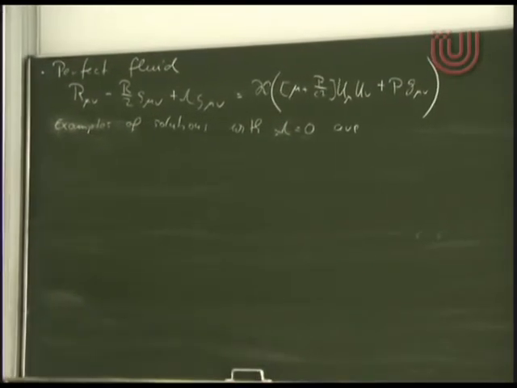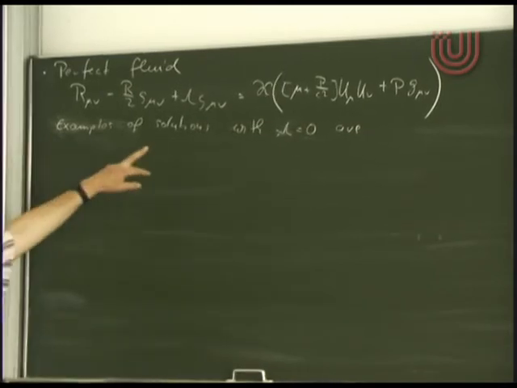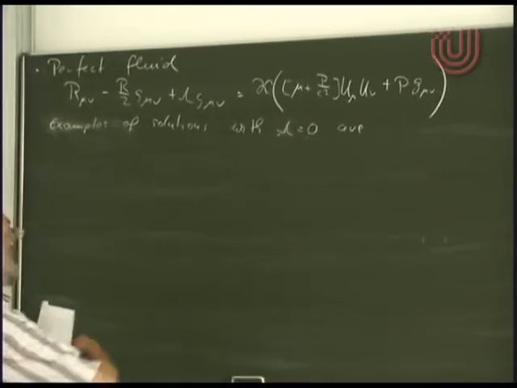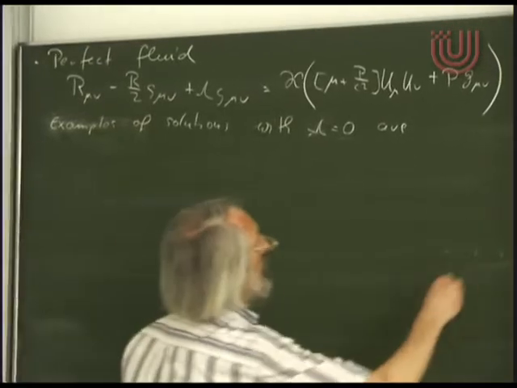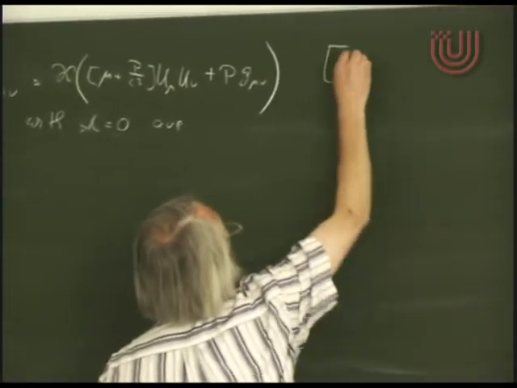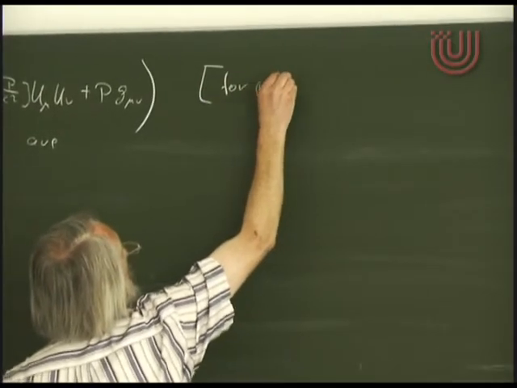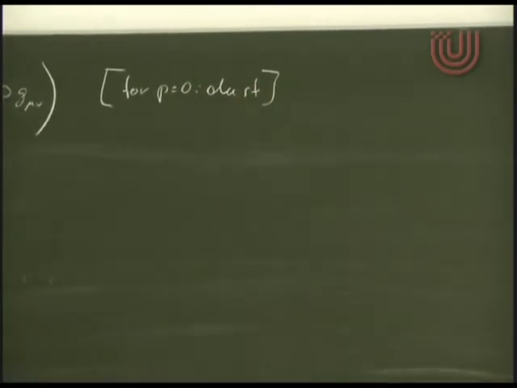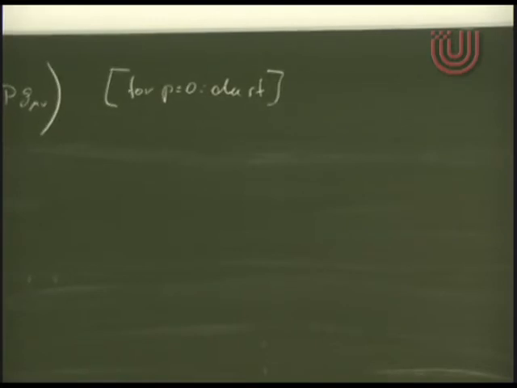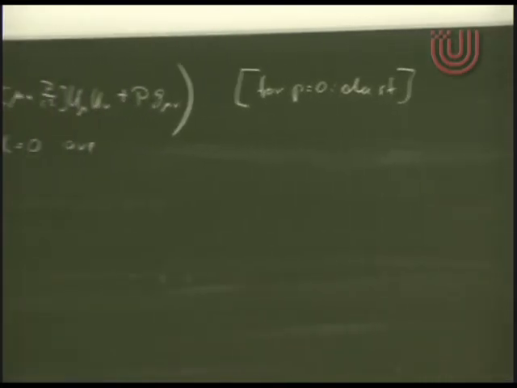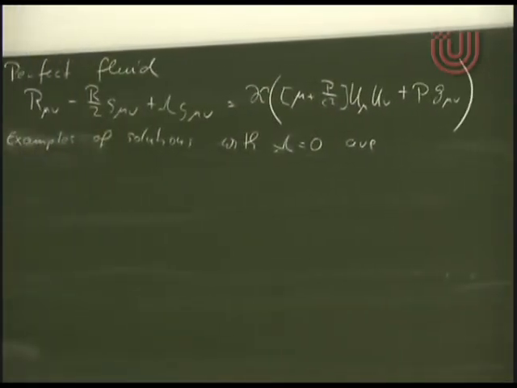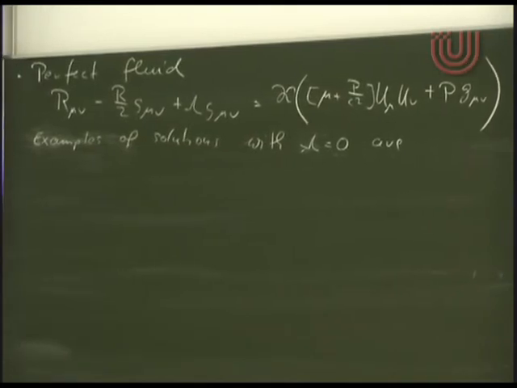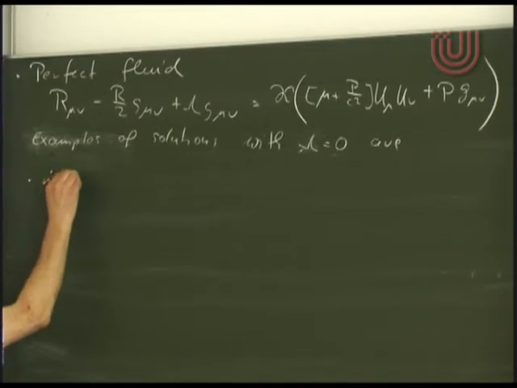But I should remind you, if the P is 0, then we call it a dust. Perfect fluid. So P equals 0, we call it a dust. And actually, a couple of the interesting solutions are dust solutions. And some of them are solutions with pressure. So examples of solutions with lambda equals 0 are the interior Schwarzschild metric.